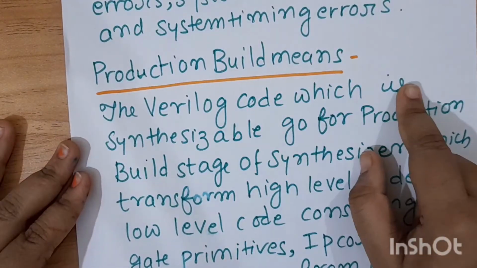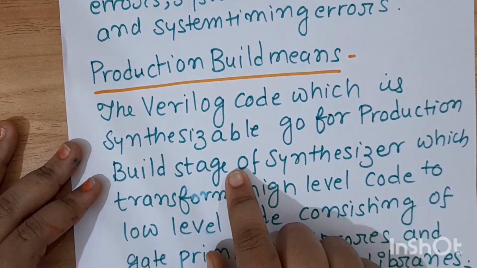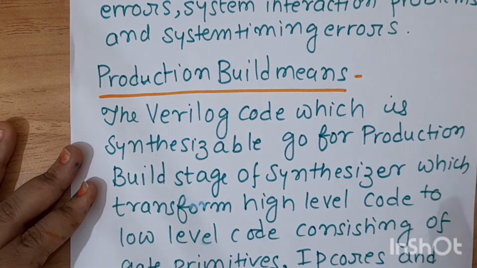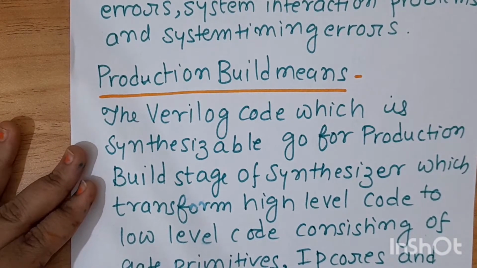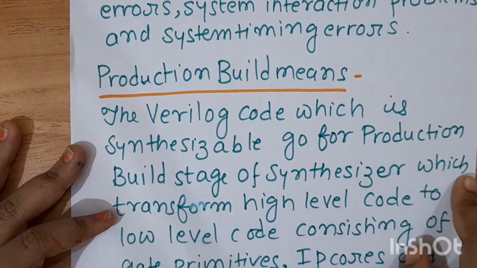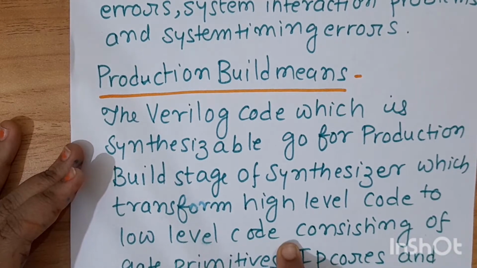Now production build means the synthesizable Verilog code which goes for production. So final production, in order to generate the netlist, followed by the bit stream which will go into the FPGA. The build stage of the synthesizer transforms the high level code to low level code.